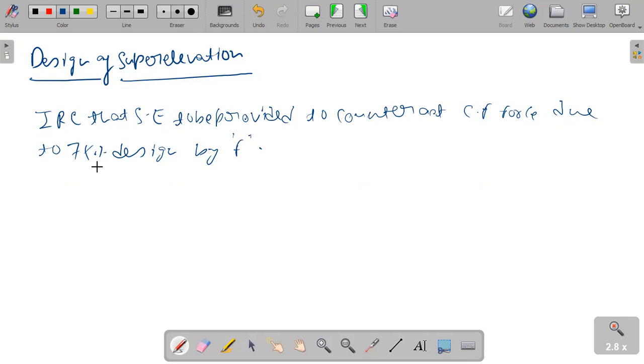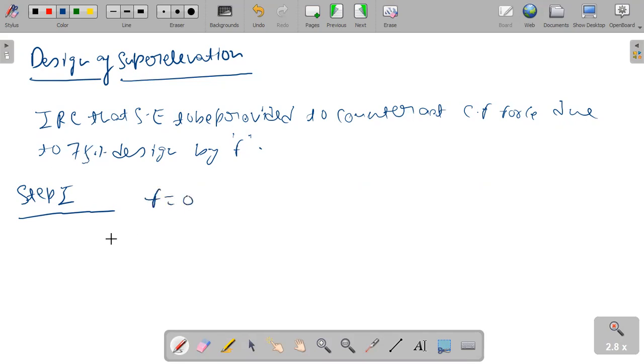Keeping this recommendation in our mind, we try to design the super elevation. So let's take our first step. We will neglect the lateral friction F, so take F equal to 0.